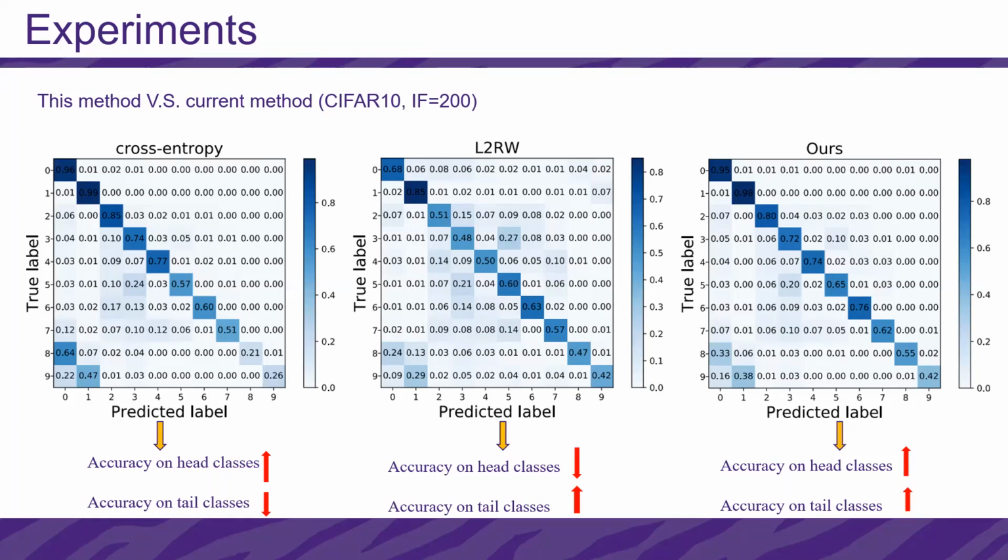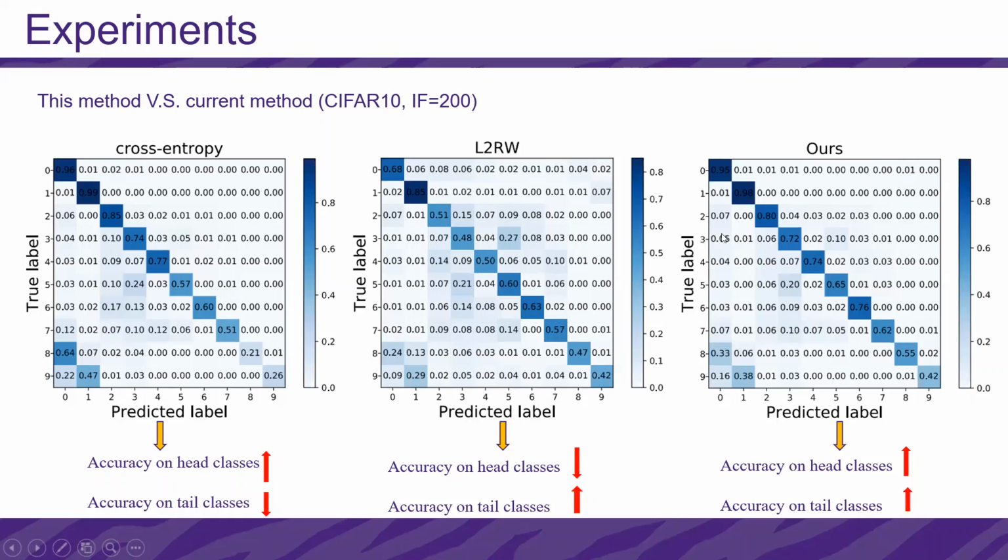Compared with the cross entropy model, learning to reweight may improve the accuracy on the tail classes, but it sacrifices the accuracy for the head classes. As we said before, the accuracy is only 0.68.